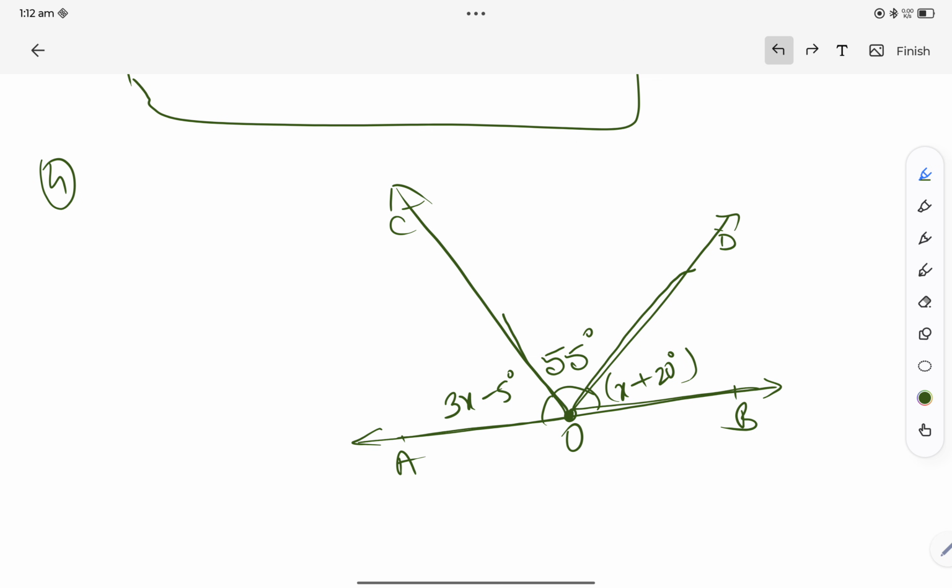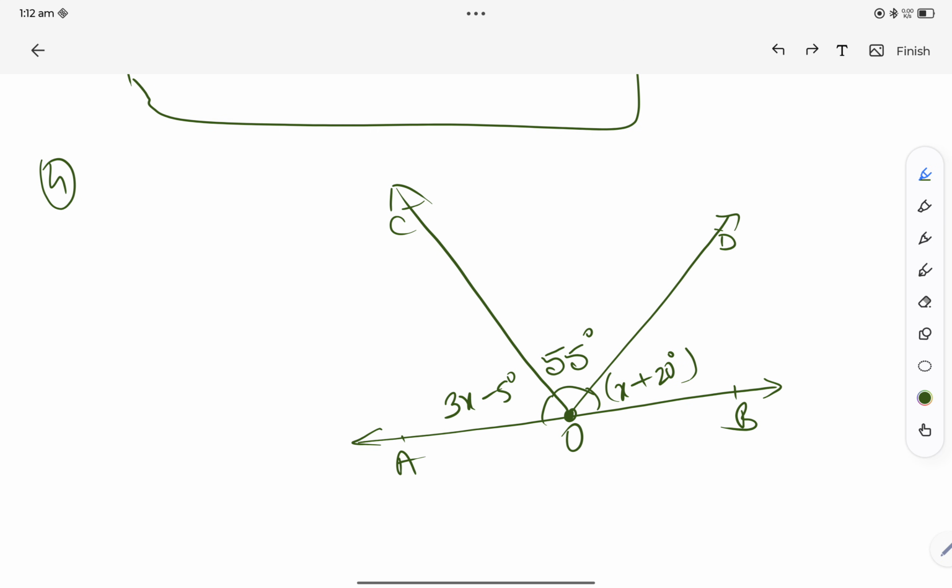So basically, for this we have to compute the value of x, so that we can substitute the value of x and get the value of this 3x minus 5, which is equal to AOC. And similarly, if we can find the value of x, then we substitute the value of x, and we will get this BOD.